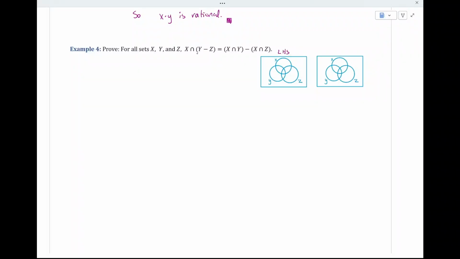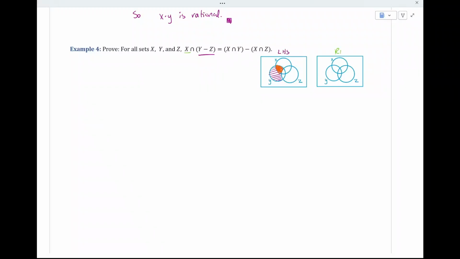In my left-hand side, y minus z is all of y, but not z. So this part of y, a little cutout from z is missing. And I want to intersect x with that. So x intersect, here's x, so just this part right here. I've got it all in orange, that'll stick out better. So I'm looking at just this little slice where x and y are intersected, but not the part that also has z. That little slice, that's the left-hand side.